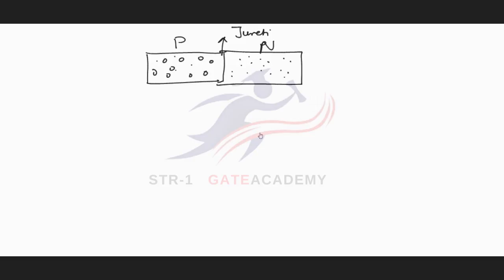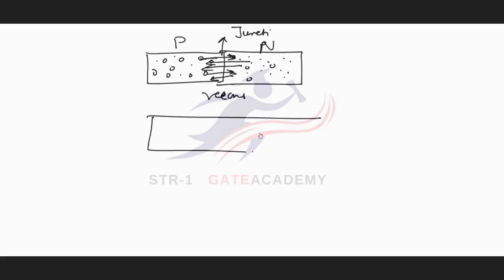There are very few electrons on p side and very few holes on n side. Due to higher concentration of holes on p side with respect to n side, these holes will diffuse towards n side and these electrons will diffuse from higher concentration to lower concentration towards p side, and there will be a large number of recombinations and a depletion layer is formed near the junction.